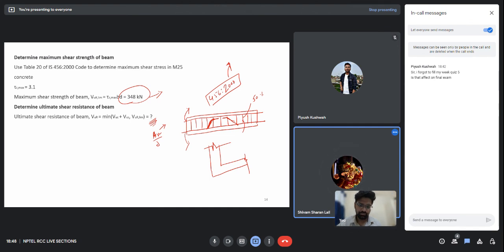Okay, just a second. So you are saying AV is the distance from the support, AV by D less than 1.